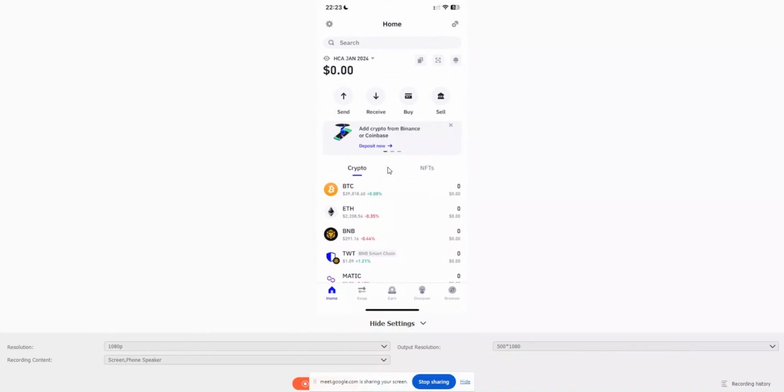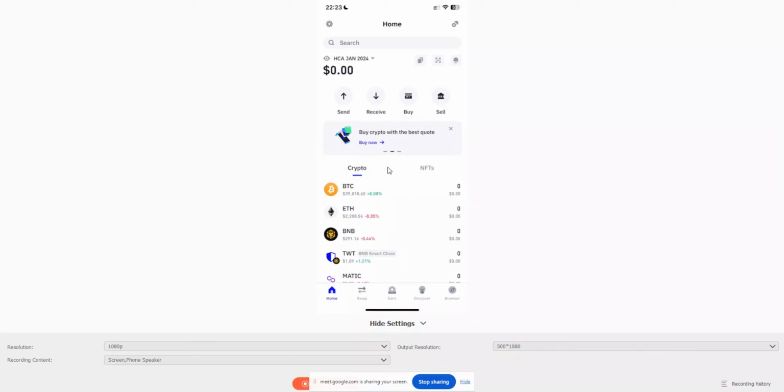Then I'm going to go to my other phone and send some coins. Let me send some BNBs from another wallet here. Just give me a second. So I have a wallet here that has some funds, some $2.